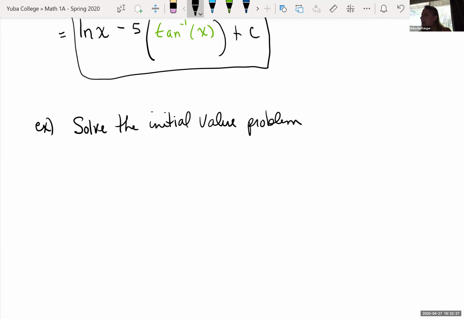They're telling us that ds/dt is equal to 1 plus cosine of t, and that s of 0 is equal to 4.